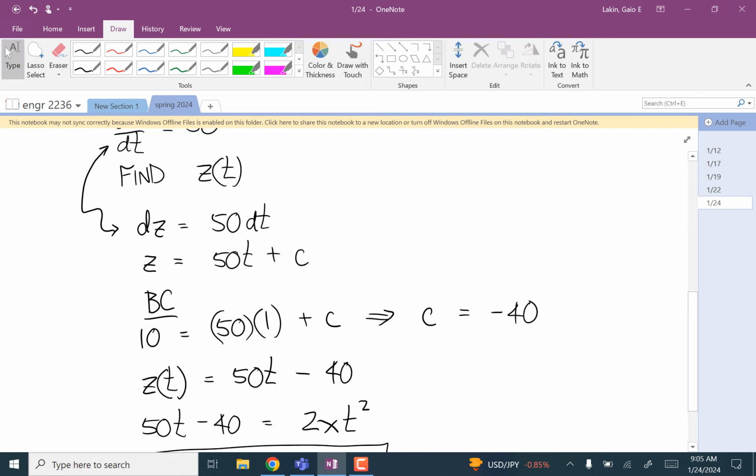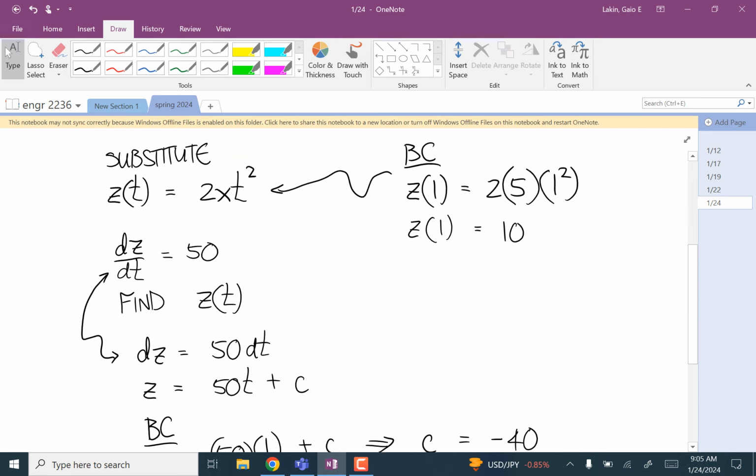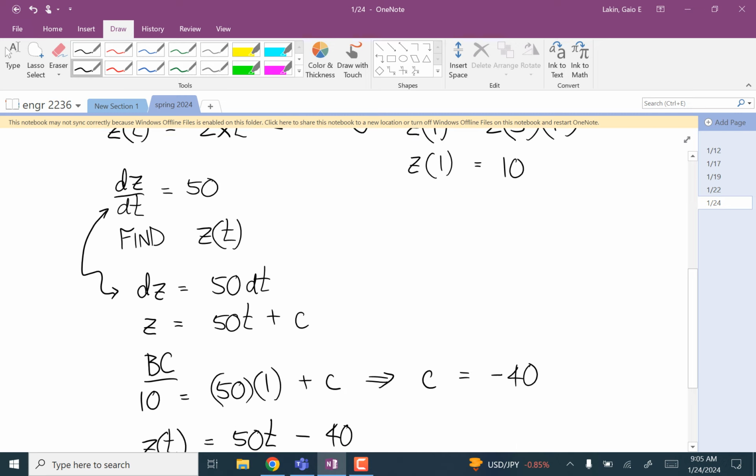Also, maybe possibly more intuitive, instead of doing the boundary condition like this, you might like the feel of it better to, once you find your function z, even before you solve for that constant of integration, substitute back in for x there, and then you can just use the boundary condition like you're used to for x. You'll get the same answer.